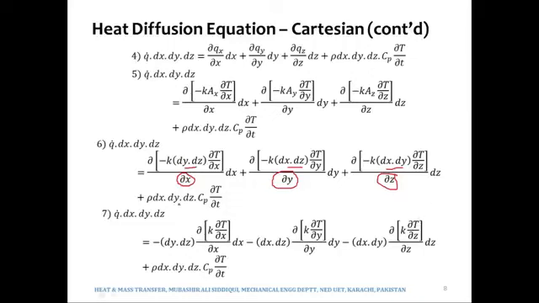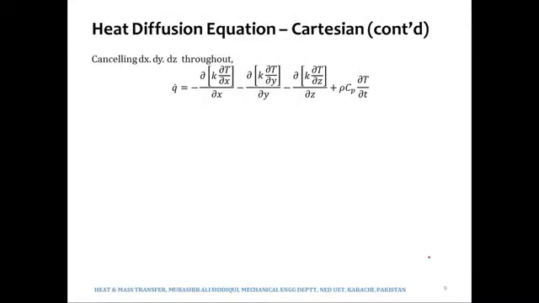Now you will notice that we have dx, dy, dz in every term of this equation. So in the next step we will divide throughout by the volume of this control volume, of this differential element.